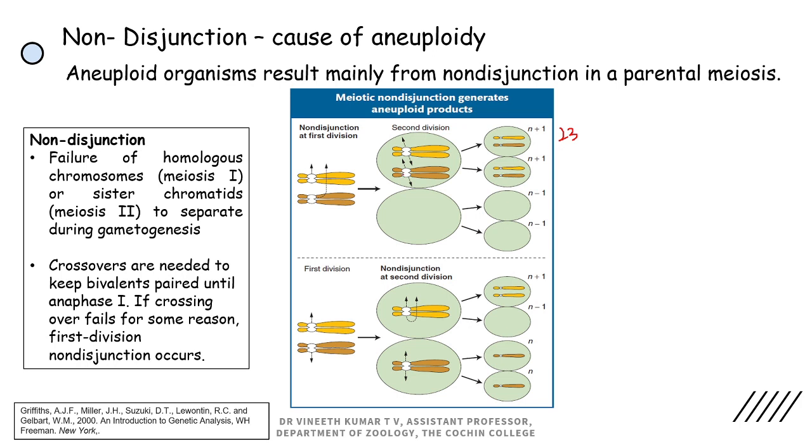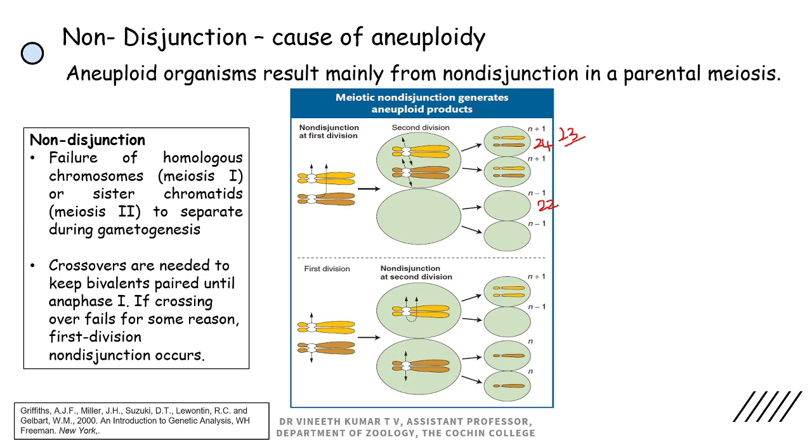This is gametogenesis, it can be sperm or egg. So the normal number is 23. Here what you have is 24 rather than the normal 23, and here you have 22 chromosomes rather than 23.